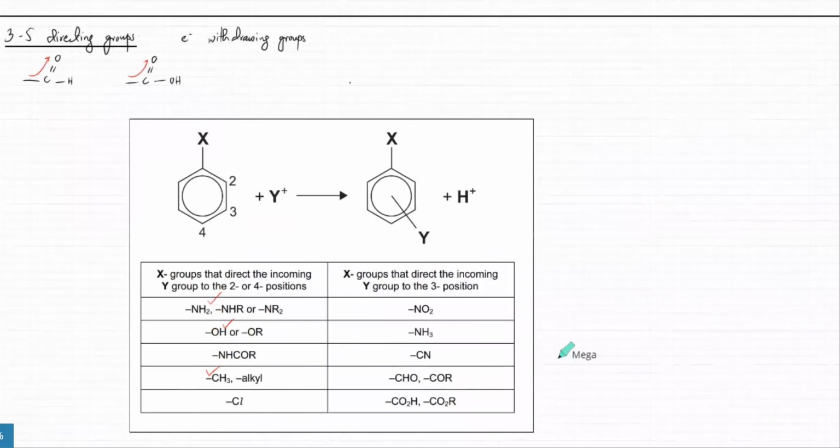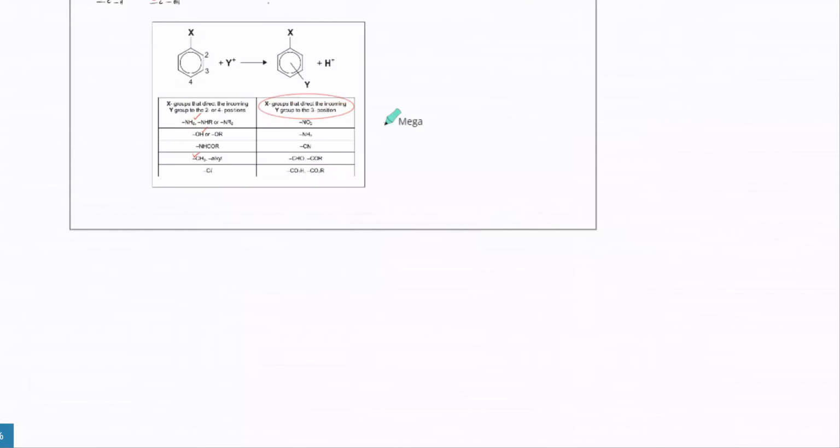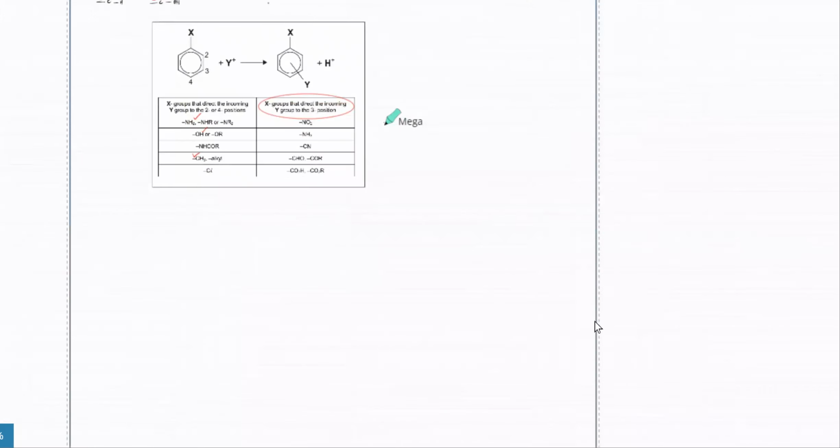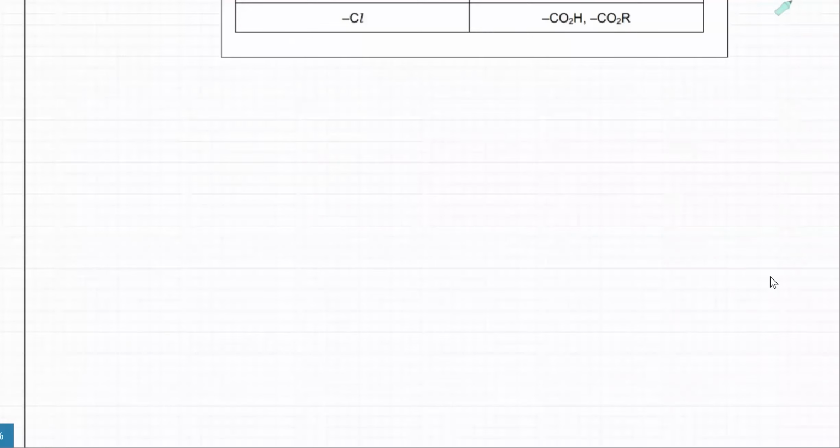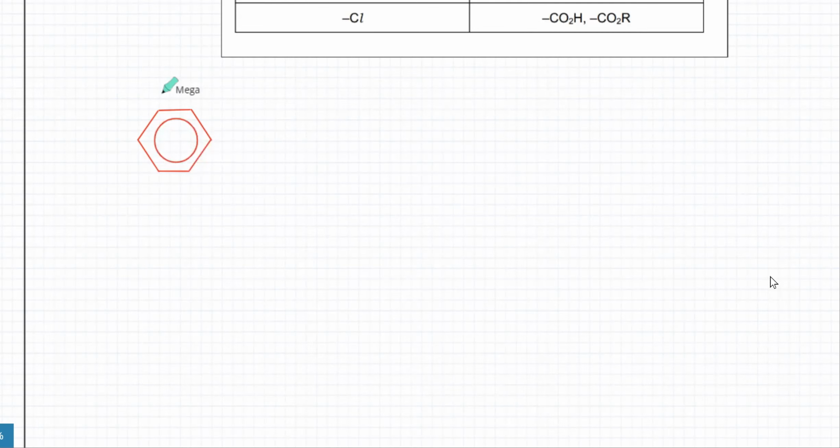So we are studying the ones that have an electron withdrawing effect. And what they will do is decrease electron density on the benzene ring. So if I have a benzene ring, they'll pull electron density away from it. So let's say here's my benzene, and I've got an electron withdrawing group attached to it. So there is C double bond O and H. So the electrons are being pulled away.